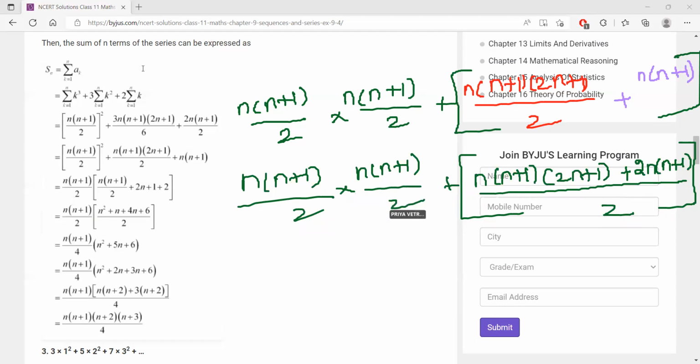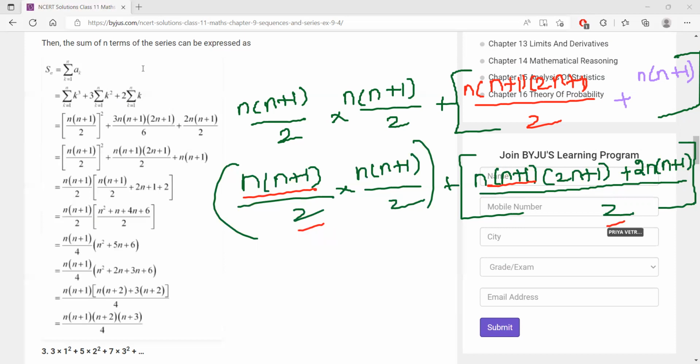So if you look at these two terms, you don't do the multiplication inside, you just keep it as it is. If you look at these two terms, you can take something as common. Here you have n into n plus 1, and here also you have n into n plus 1. And you have 2 and you have 2.